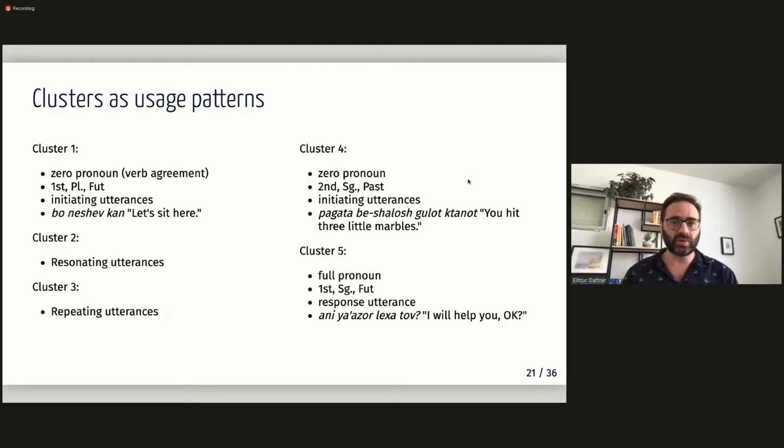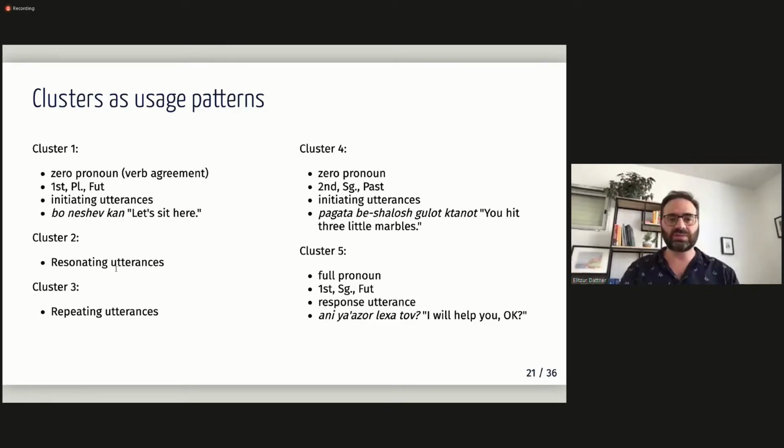So cluster 1, one of the 3 large clusters that we saw earlier, is utterances with 0 pronoun, that is verb agreement, first plural, and future, initiating utterances. So it is a cluster of tokens that groups together these types of utterances. And for example, we can see here, בוא נשב כאן, let's sit here. So this is one cluster. Cluster 2 and cluster 3 are all over the place and are not very definable.